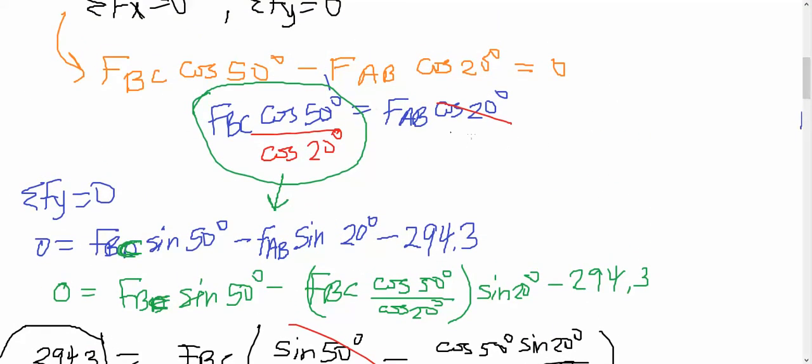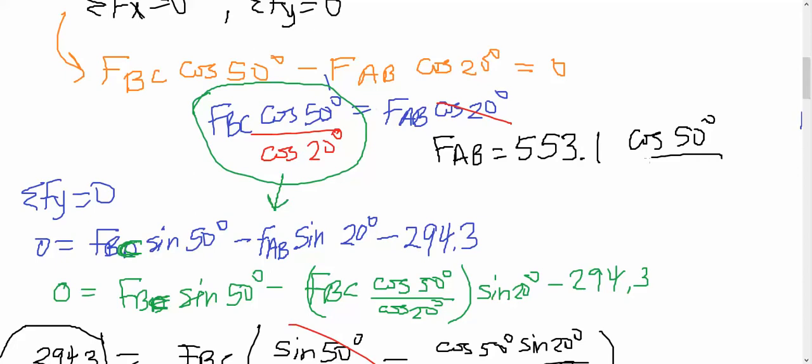So here we're going to have FAB equals our new value for FBC, 553.1, cosine of 50 degrees divided by cosine of 20 degrees. And plugging this into your calculator, we get 378.3 newtons.